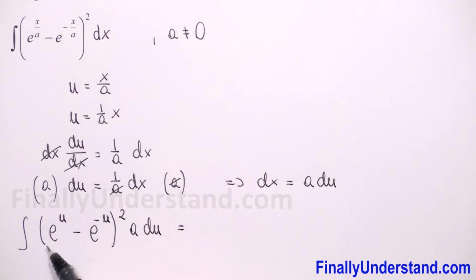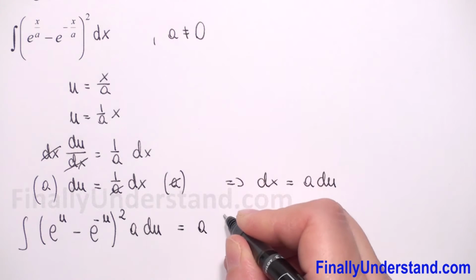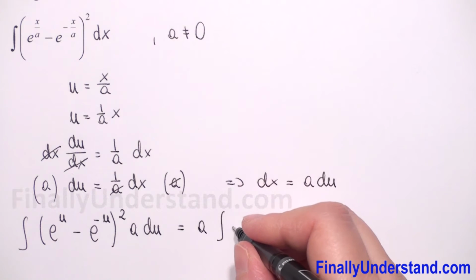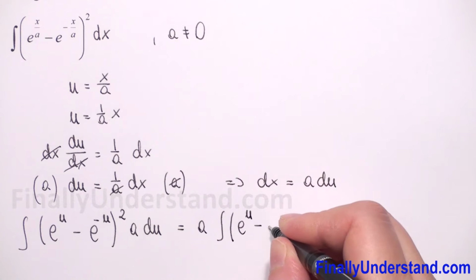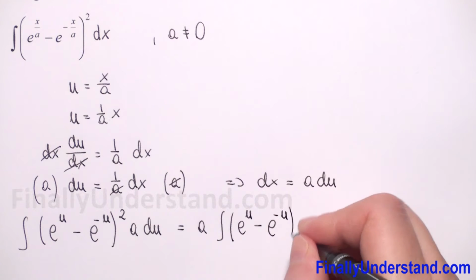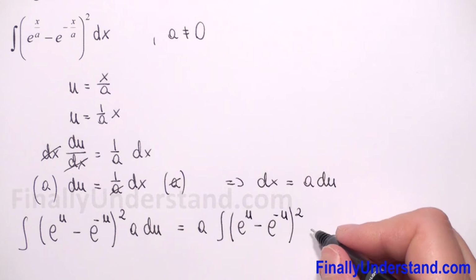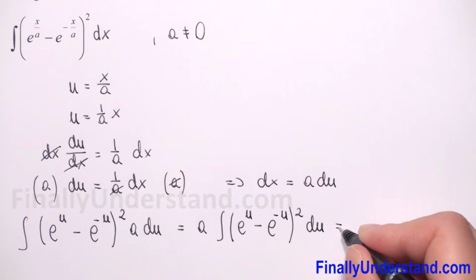When we have multiplication, we can take this constant number before the indefinite integral, so we have a times the indefinite integral of e to the power u minus e to the power negative u, squared, times du. So this is equal.